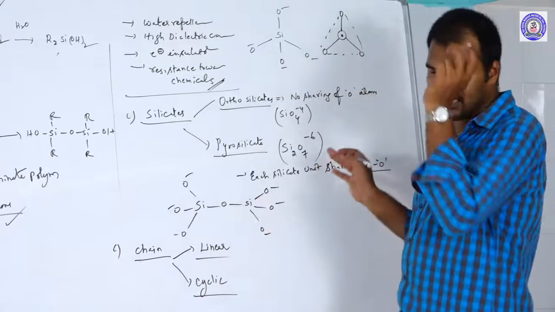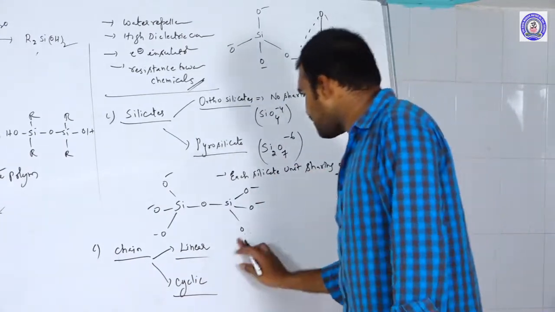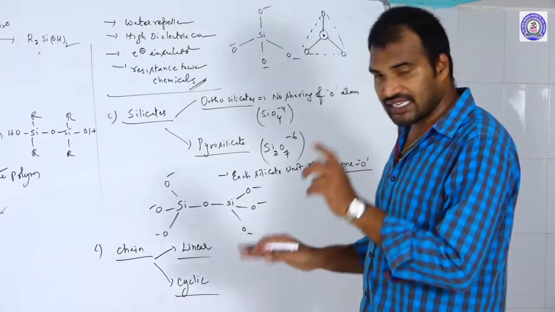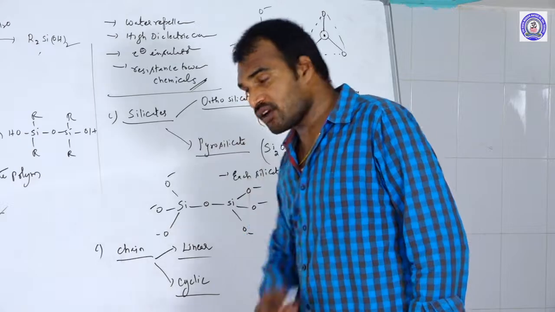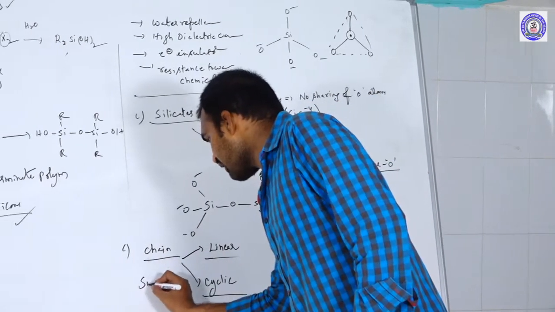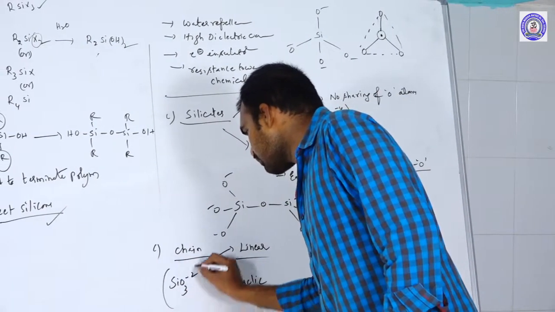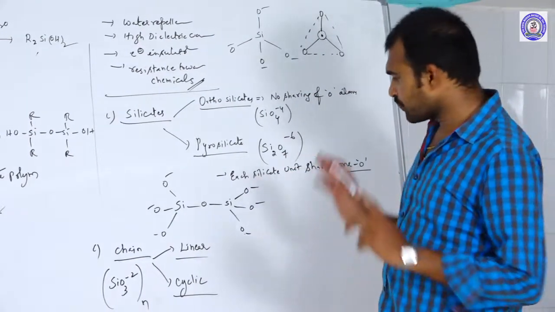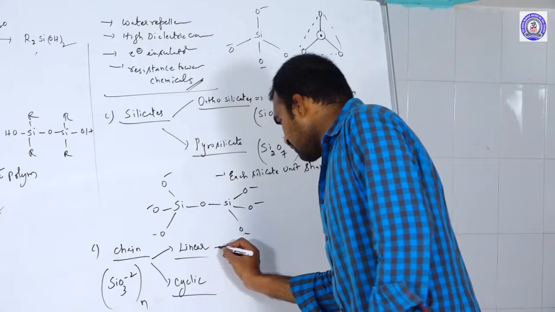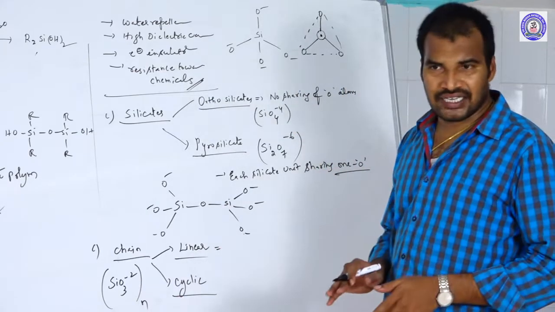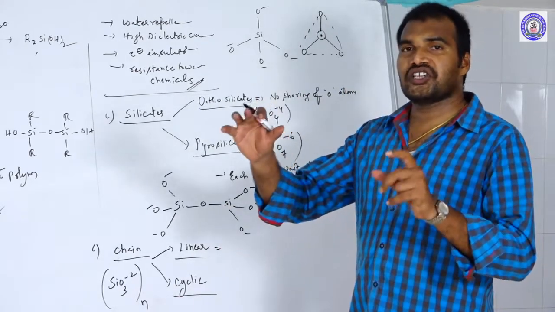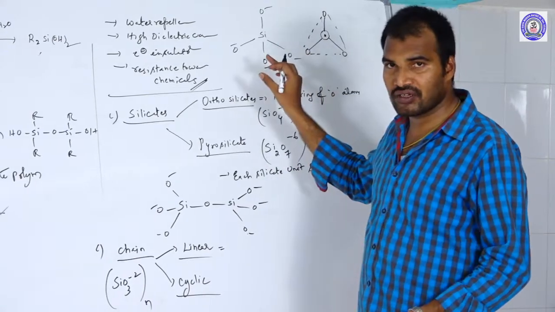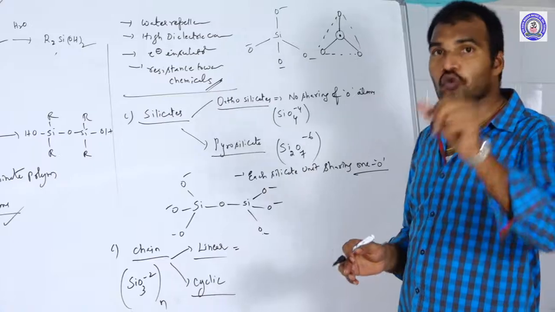For both linear chain and cyclic chain silicates, the formula of the silicate is the same: (SiO3 2-) n times. In both, they are sharing two oxygen atoms. Each silicate unit is sharing how many oxygen atoms? Two oxygen atoms. Two corners they are sharing.